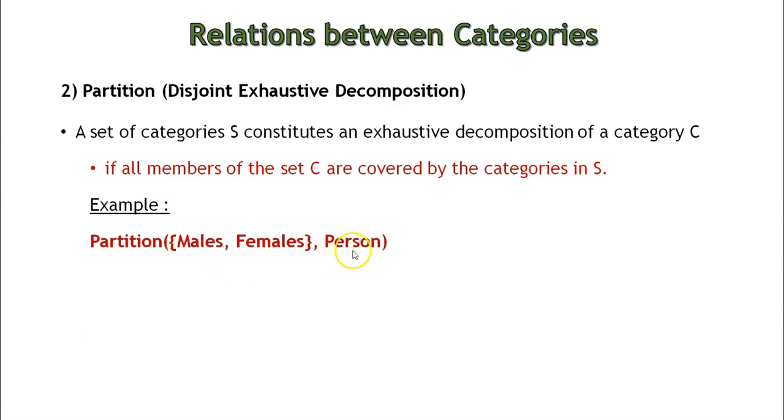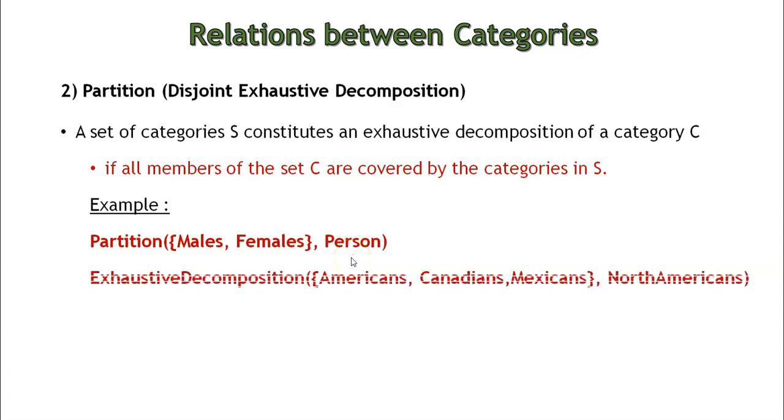So definitely a person will be in one of the categories, either male or female. So we can say that males and females constitute a partition or an exhaustive decomposition of the person class. And also instead of partition, we can represent it by using the keyword exhaustive decomposition.